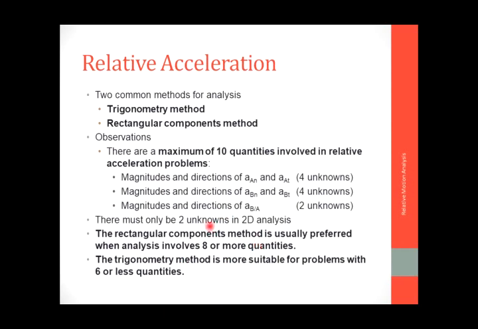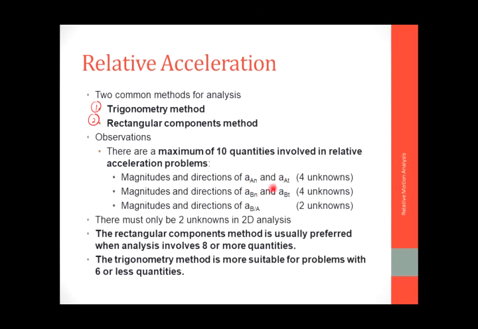And there are two common methods for the analysis, same as for velocity before. The first is trigonometric, and the second is the rectangular component method. For observation, there is a maximum of 5 quantities involved in relative acceleration.